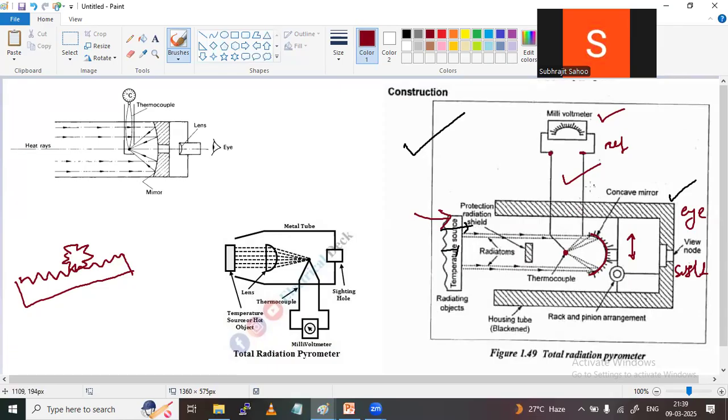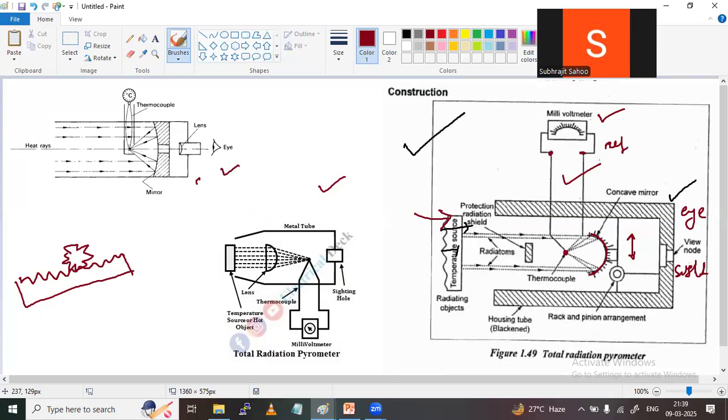In this radiation type pyrometer, the construction is also the same, but here there is no rack and pinion. The lens is covered top to bottom here, so the pinion arrangement is not required. What is the difference between these diagrams?